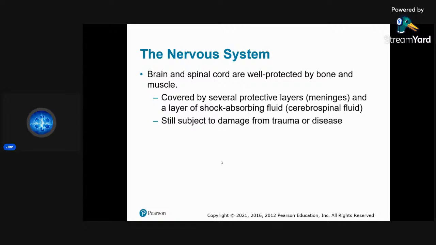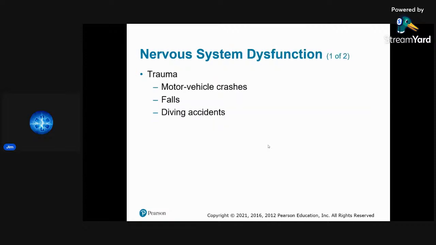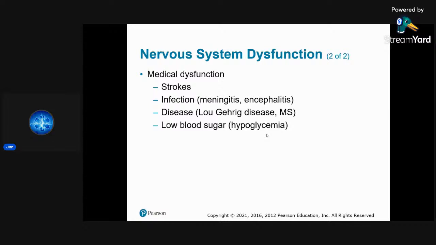Even though you have all this protection, it still can be subject to damage through trauma and diseases. Types of trauma include motor vehicle accidents, falls, diving accidents, blunt force trauma, like getting smacked in the head with a baseball bat or a club, and penetrating wounds like gunshots or knives. These can all be part of the trauma.